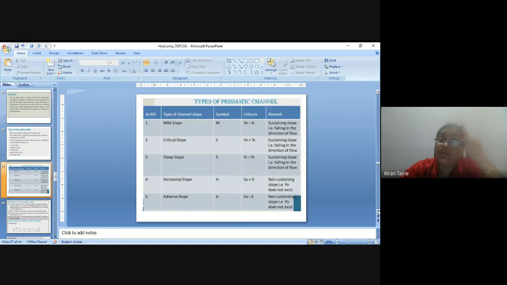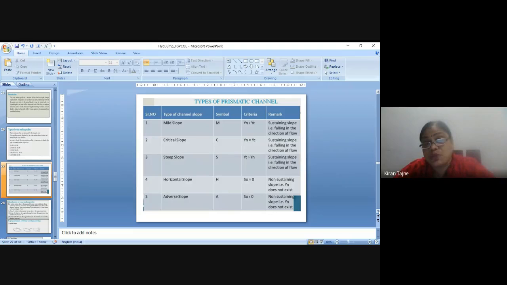So depending upon the criteria, we can say that for mild slope, the criterion is yn greater than yc, as we have just seen. That means it is a sustaining slope, falling in the direction of flow. In critical slope, yn is equal to yc. Here again, the sustaining slope is in the direction of flow.